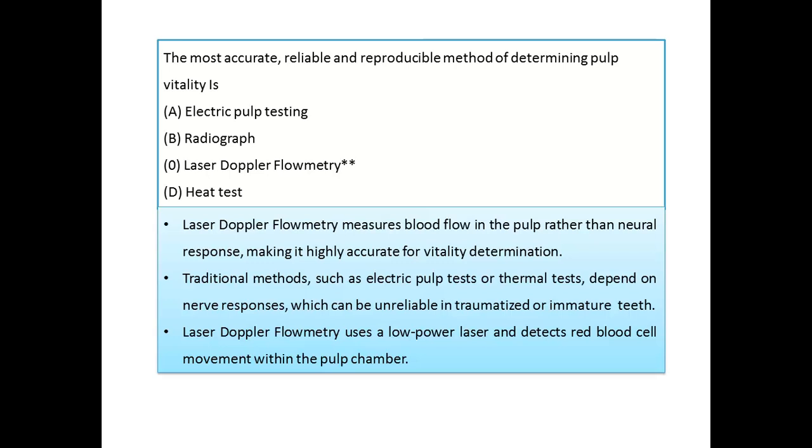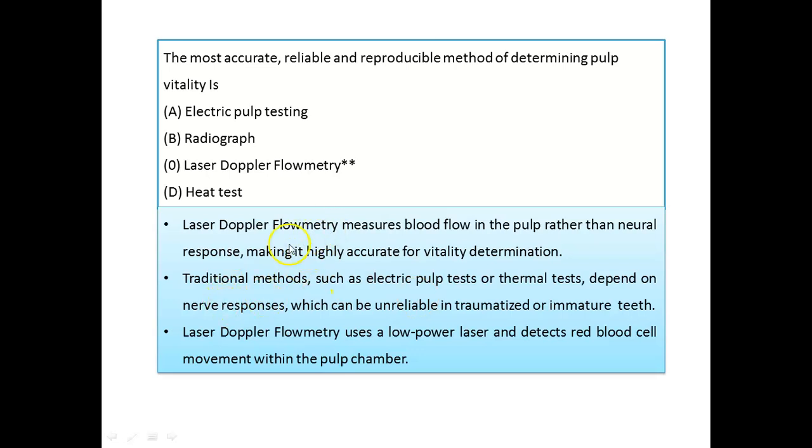Now one more question. Which is the most accurate, reliable and reproducible method for determining pulp vitality? It is laser Doppler flowmetry. Why dear student? Because Doppler flowmetry measures blood flow in the pulp, whereas normal tests like the electric pulp test or thermal test measure nerve responses.